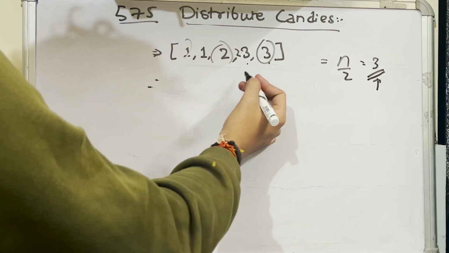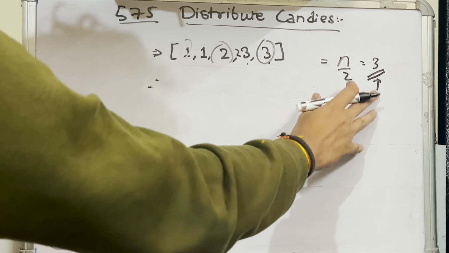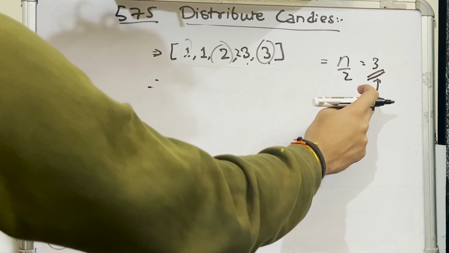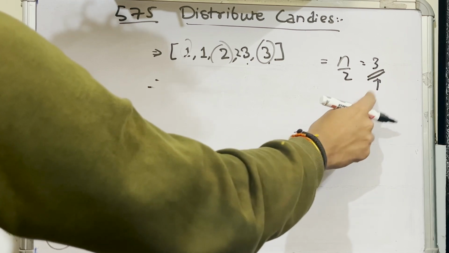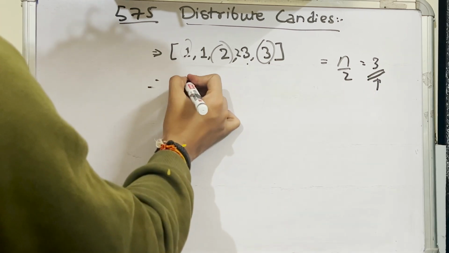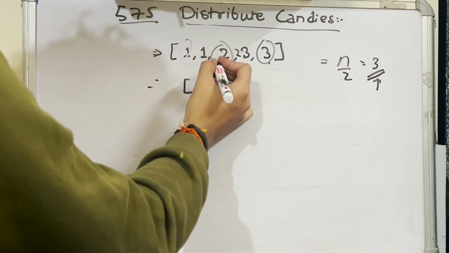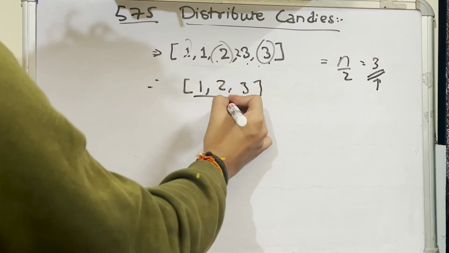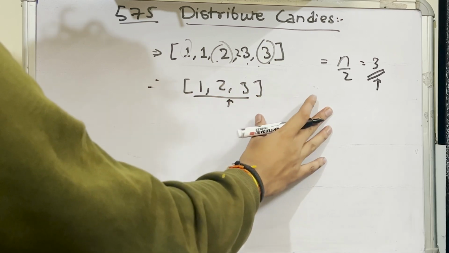She wants to eat 3 different types of candies. We have to return if she can eat 3 different types, or 1 different type, or 2 different types. So in this array there are these different types 1, 2, 3, and so she can easily eat 3 different types of candies.